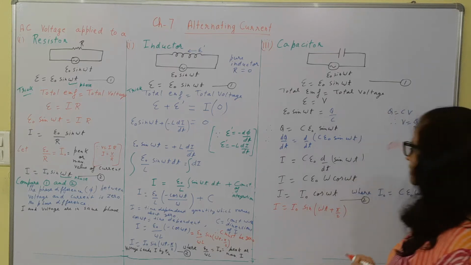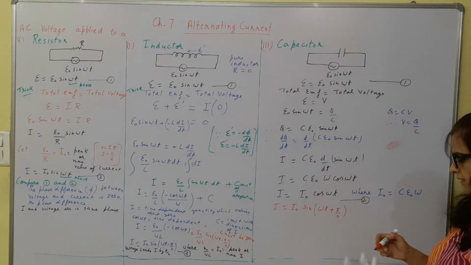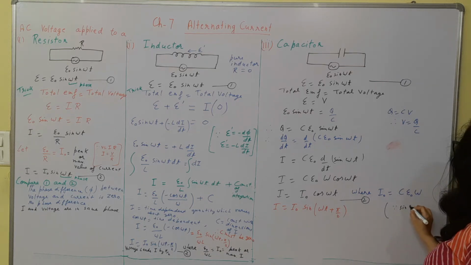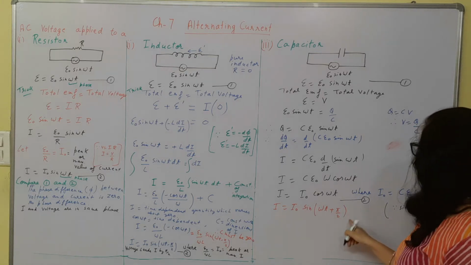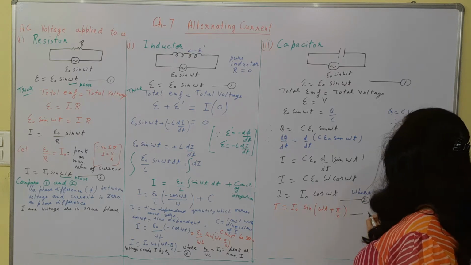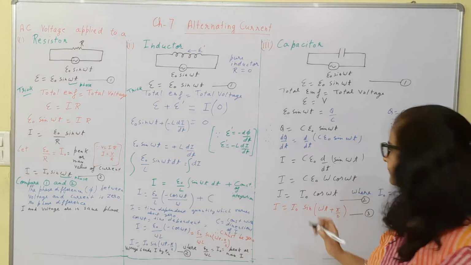Sine 90 plus theta is cos theta. Therefore this is written like this. So now we can compare this equation 1 and 3.